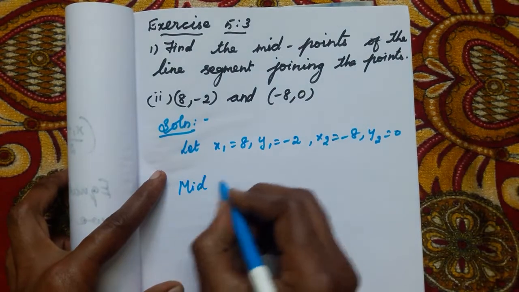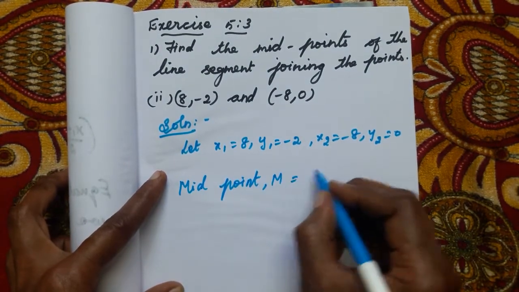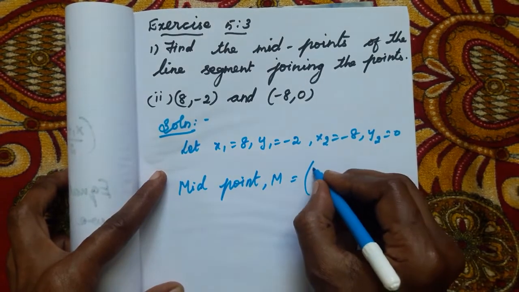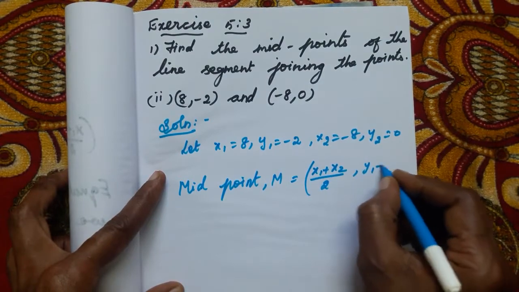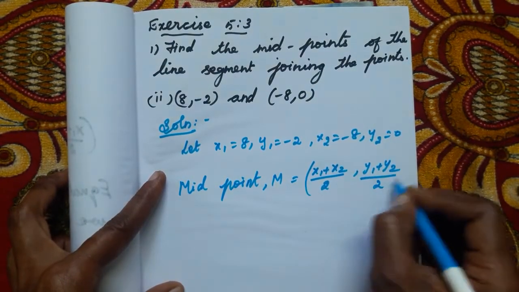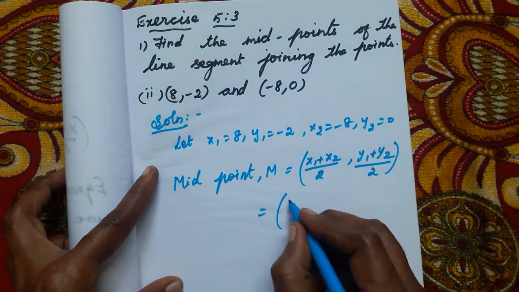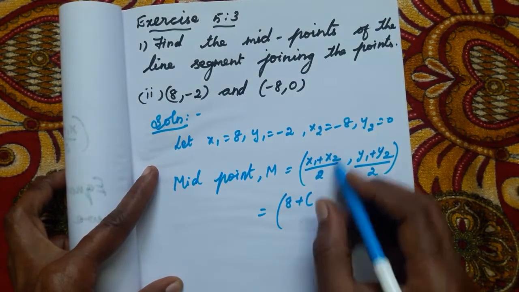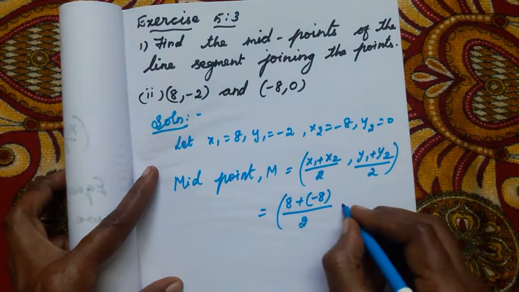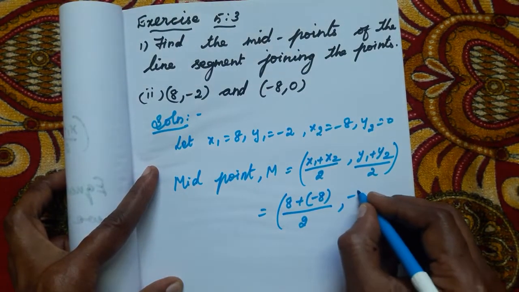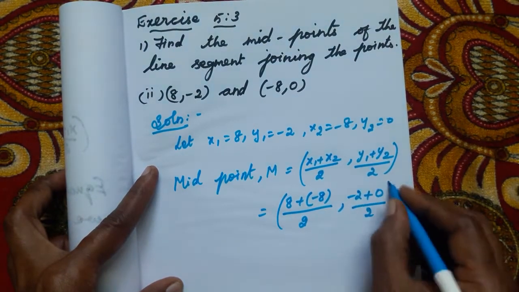Here the midpoint formula, midpoint notation M. What's the formula? M is equal to x1 plus x2 by 2, y1 plus y2 by 2, is equal to 8 plus minus 8 by 2, minus 2 plus 0 by 2.